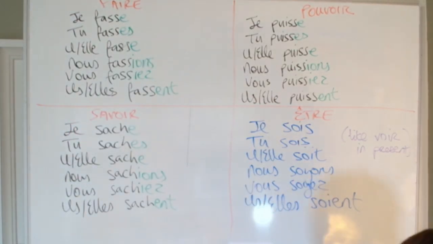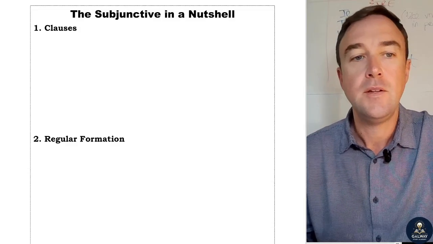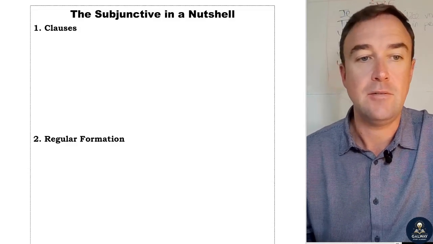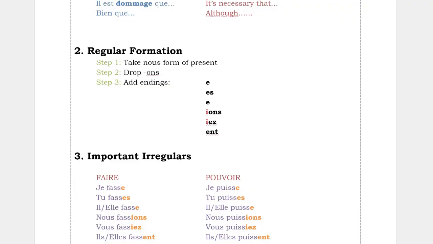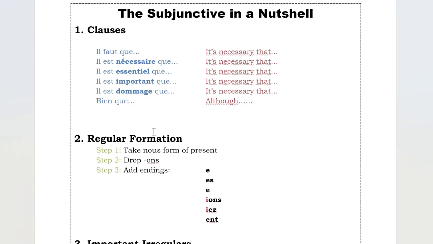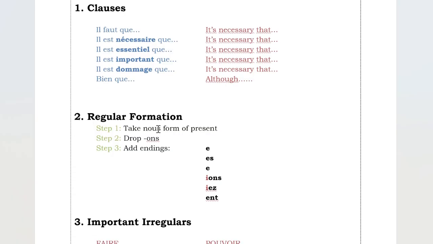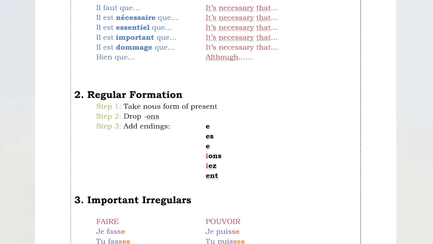So let me just come back here. If you've finished taking that down, you should have a page that looks something like this. There we have our clauses. Il faut que, il est nécessaire que, il est essentiel que, il est important que, il est dommage que, and bien que.